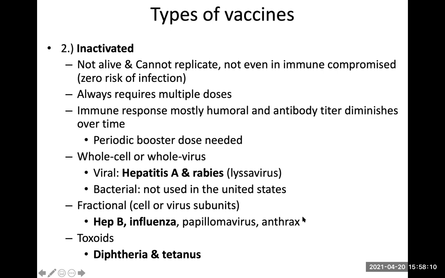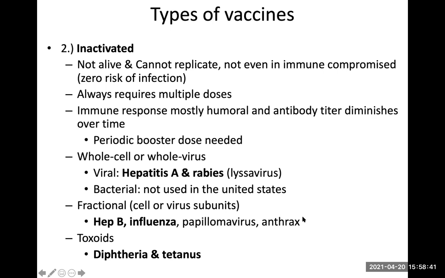Sometimes this is the entire pathogen dead, and other times it's fractions of the pathogen. And in a few cases, it's the toxins that the pathogen produces. So whole cell or whole virus, we have hepatitis A vaccine, which is the whole dead virus, and the rabies vaccine. And remember that rabies is caused by the Lassa virus.